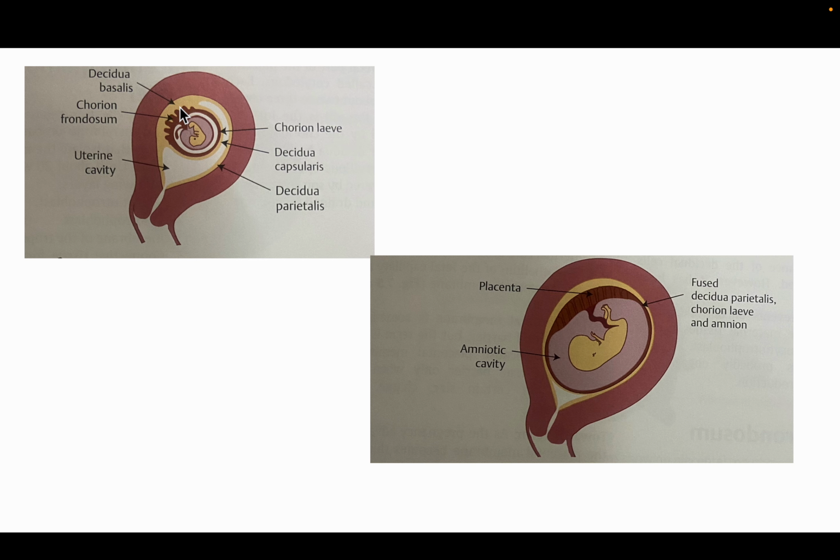This is the decidua basalis, this is the chorion frondosum, this is the chorionic villi. Decidua capsularis is there, then decidua parietalis is there. This is the uterine cavity. With further growth, there is fusion of the decidua parietalis, chorion laeve, and amnion. Now the fetus is all around surrounded by the amniotic cavity, and this is the site of the formation of the placenta.